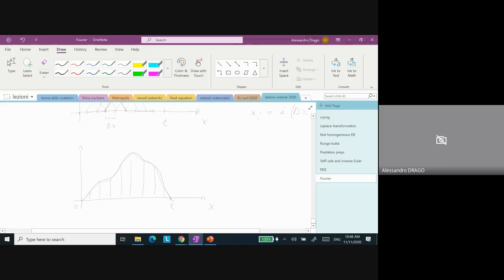As you can imagine, there can be situations in which this is completely not acceptable. So it is obvious that I can generalize this approach, and instead of taking just a linear function, I could take a piecewise approximation in which I use polynomials of order 2 or order 3.